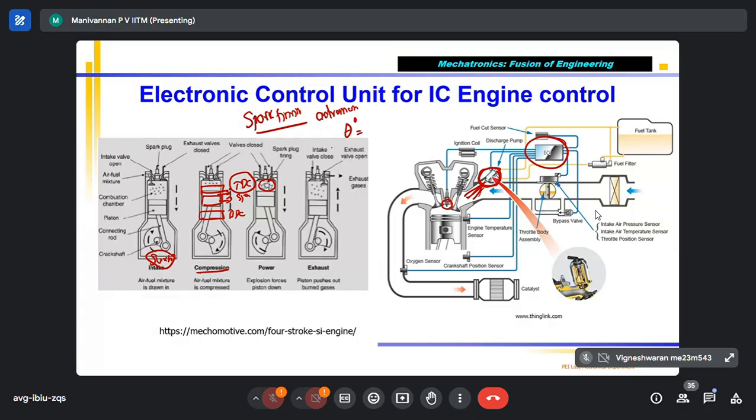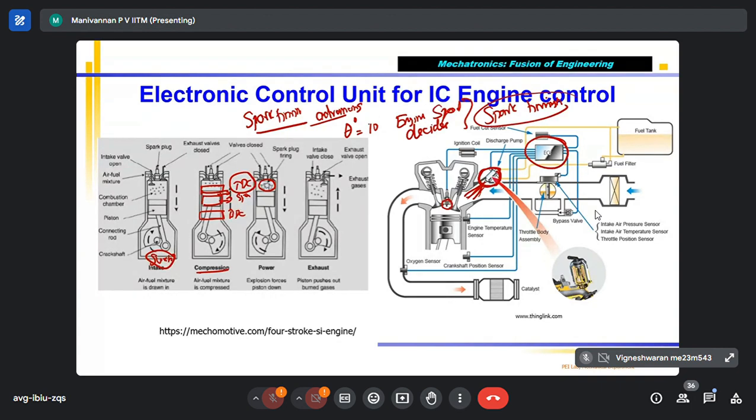If I give a spark 10 degrees before TDC, theta will be 10 degrees. I can give 20 degrees before. When you give the spark, or the spark advance, depends upon the engine speed. Engine speed decides the spark timing, the theta.